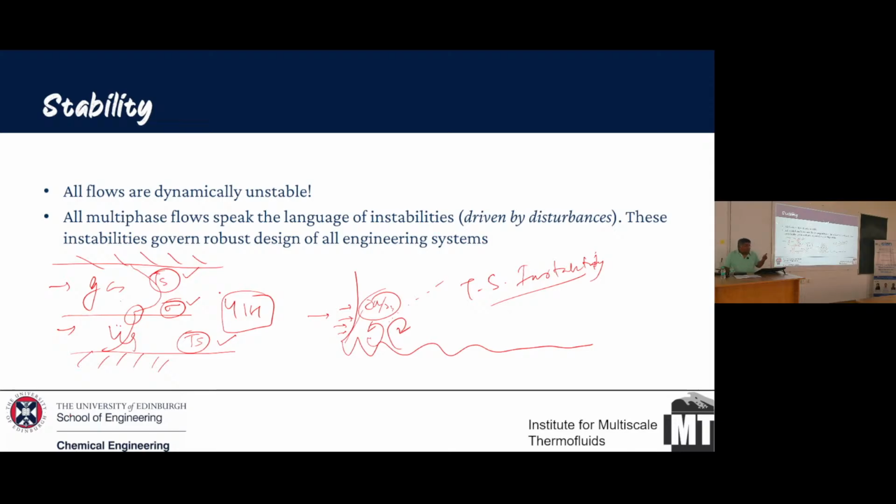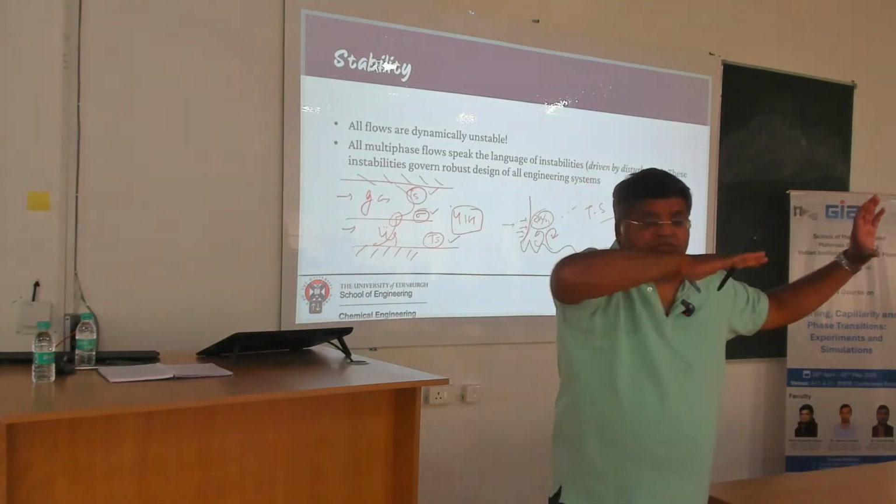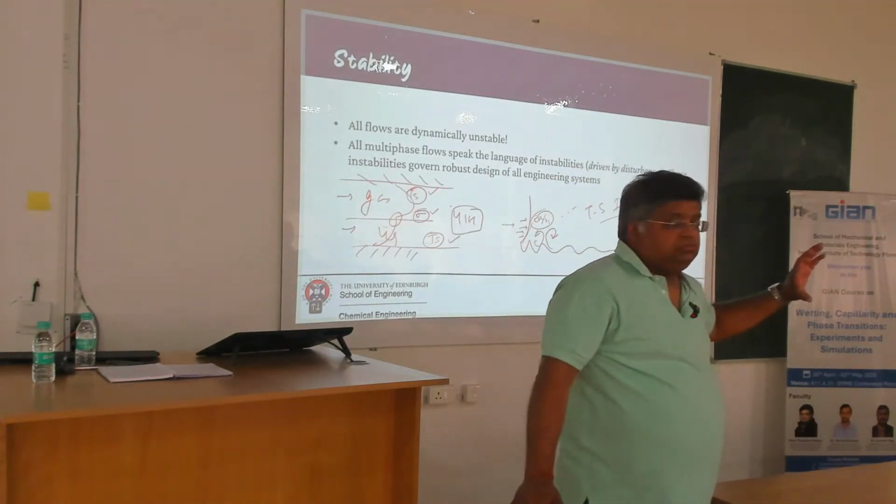So ultimately, what's the point in knowing this instability? So if you want to design, say, an oil and gas pipeline, and you want to make sure that the flow is as stratified as possible, it has an advantage because that means it's low pressure drop. Okay? So what people do is they pump in all kinds of surfactants, or suppressants, to make sure that the interface is as flat as possible.